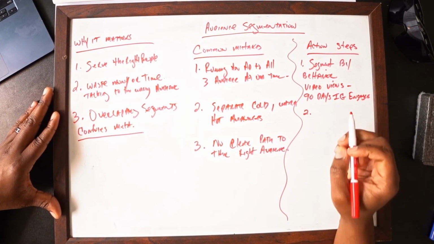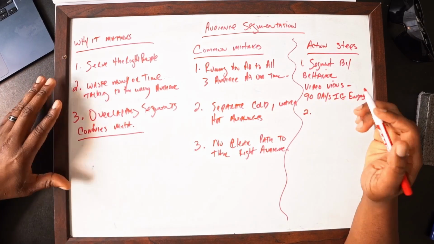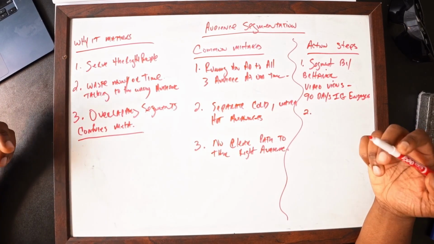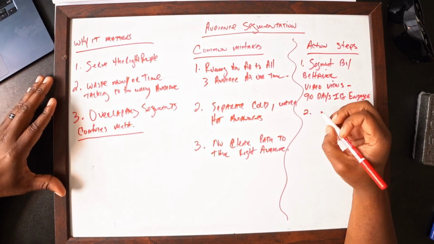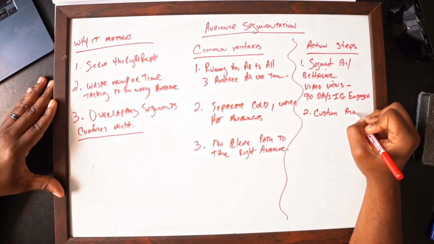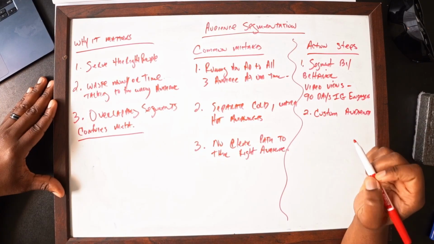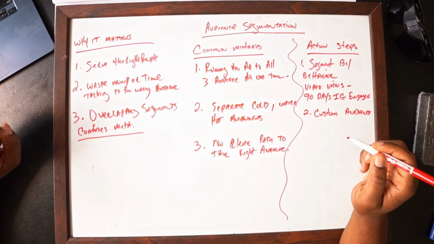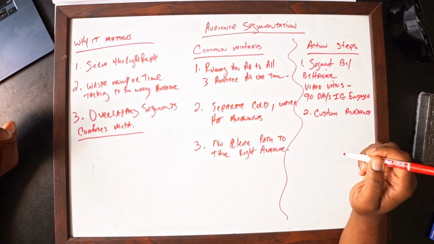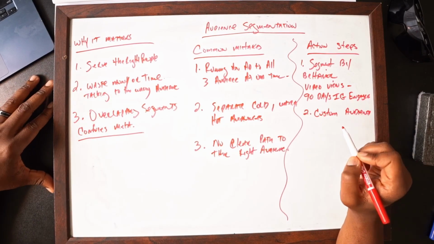Number two, all right, you have to use custom audiences, all right? So you have to use custom audiences for people that already interacted with you, all right? So that's really huge. You got to use your custom audiences. You have to interact with the people who interacted with you, right? And you have to create those custom audiences.